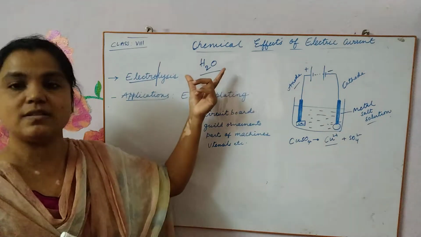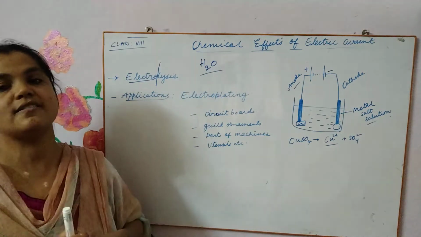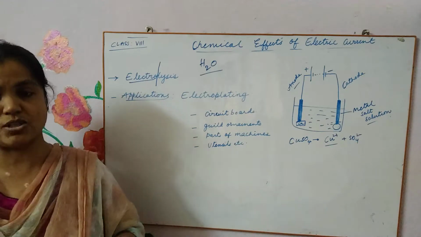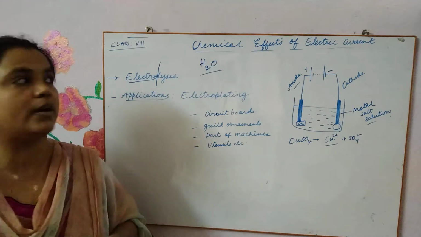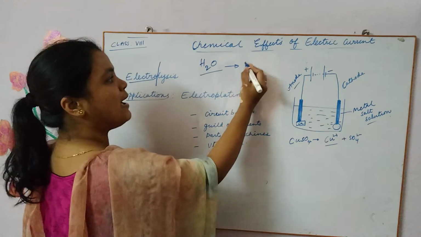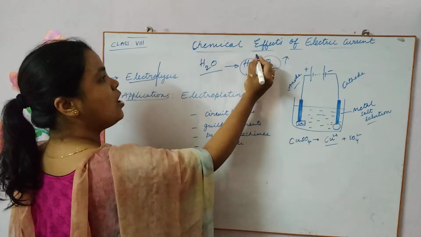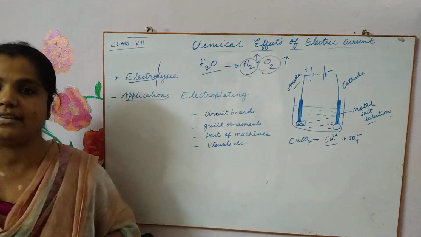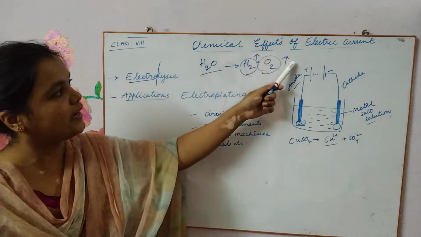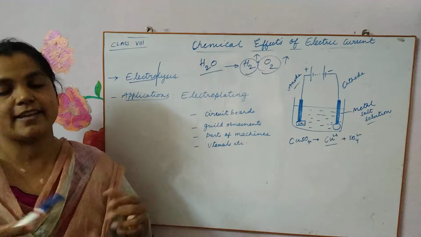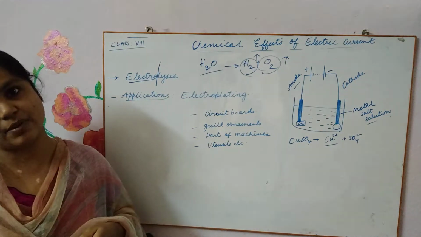What elements is water made up of? We know that it is made up of hydrogen and oxygen. Whenever electricity passes through it, it breaks down this compound into individual constituents. Hydrogen and oxygen gas is released. Why did I put these arrow marks? It indicates that it is a gas that is liberated.